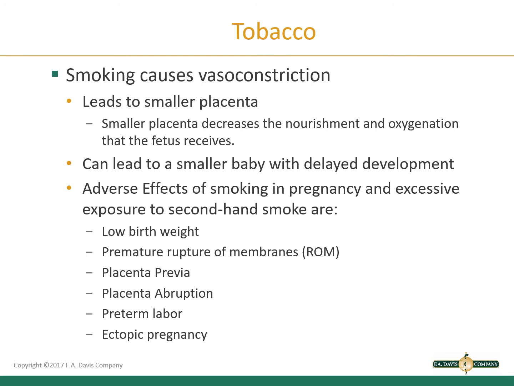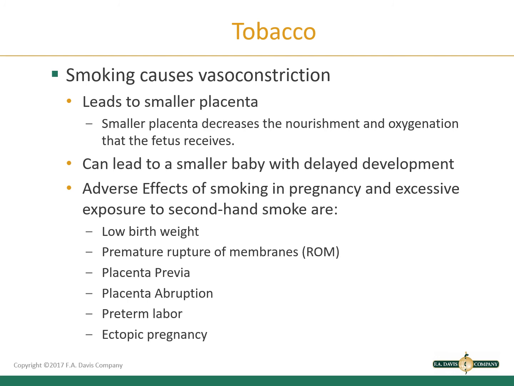Also, babies who are born whose mothers smoke while pregnant and babies who are exposed to secondhand smoke after birth are more likely to die from sudden infant death syndrome than babies who are not exposed to cigarette smoke. Adverse effects of smoking in pregnancy and excessive exposure to secondhand smoke are low birth weight, premature rupture of membranes.